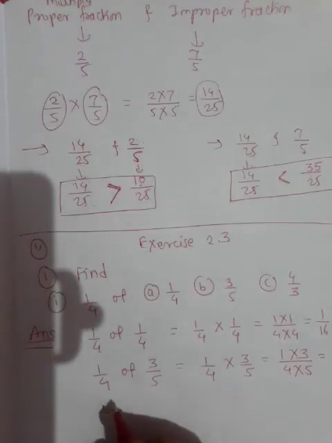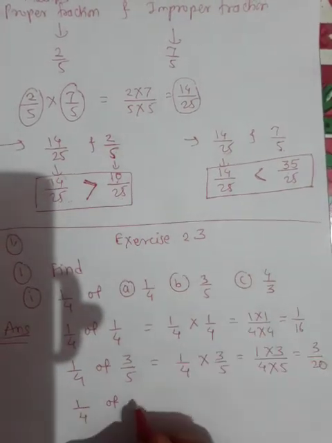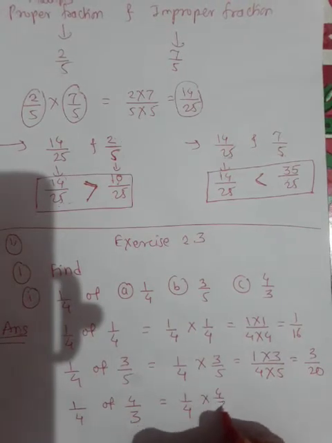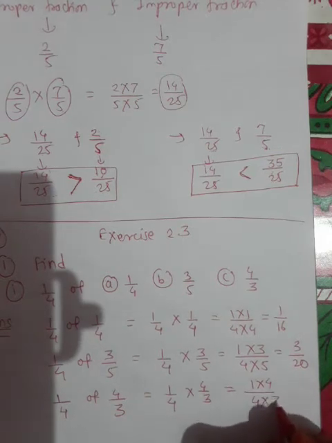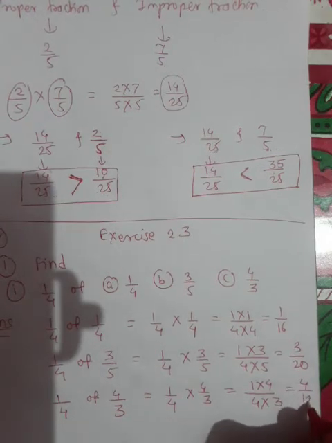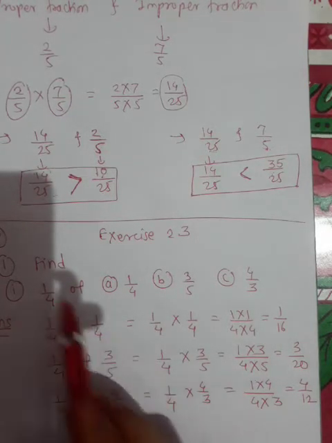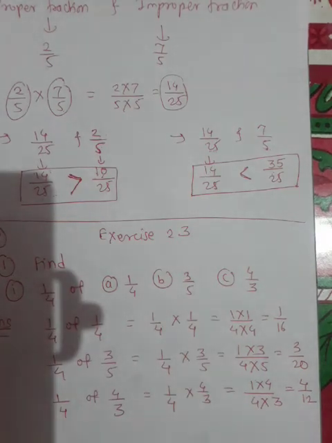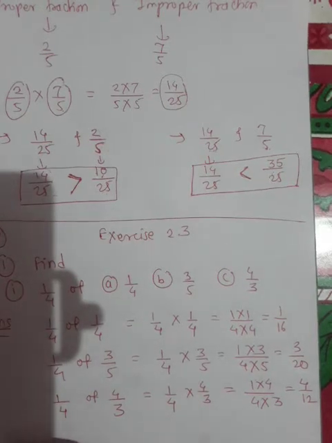And 1 by 4 of the third, 4 by 3, is 1 by 4 into 4 by 3, that is equal to 1 into 4 upon 4 into 3, that is equal to 4 by 12. Like this you can solve question number 1. Now there is question number 2.